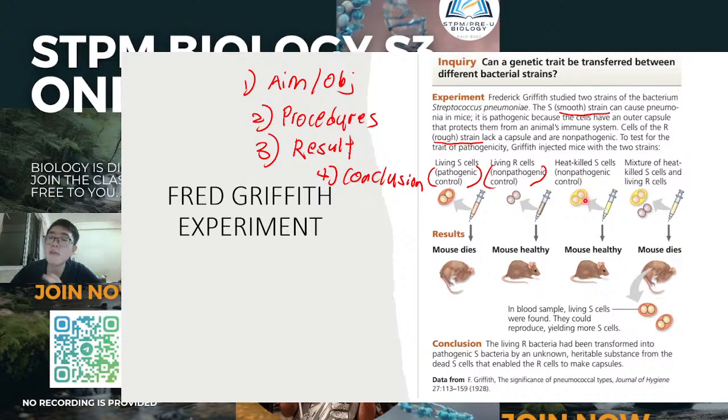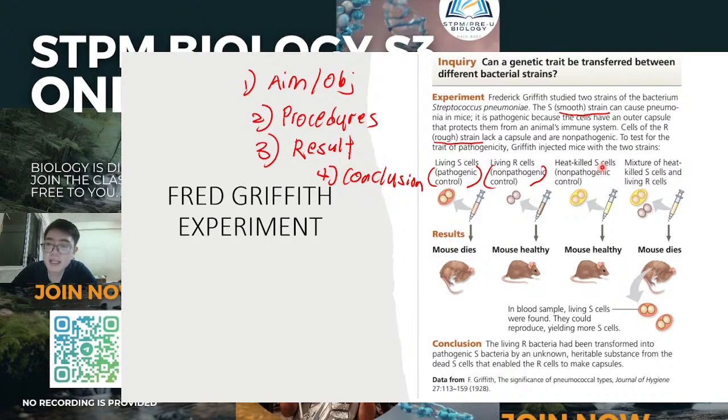However, let's say before injection, we kill the S cells. S cell is pathogenic, right? We know that S cell is pathogenic. Then we kill the S cells directly.